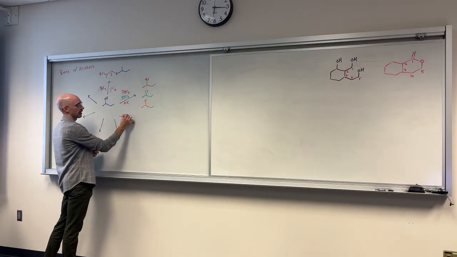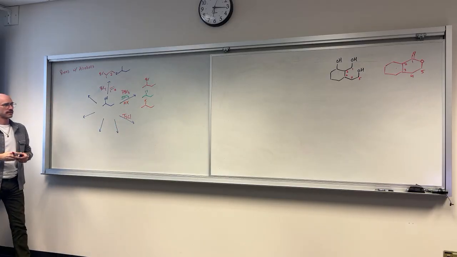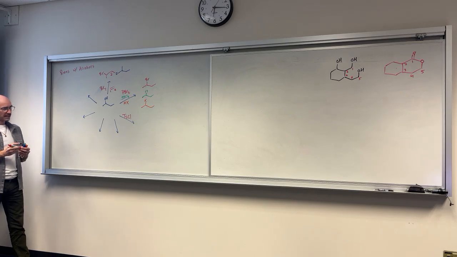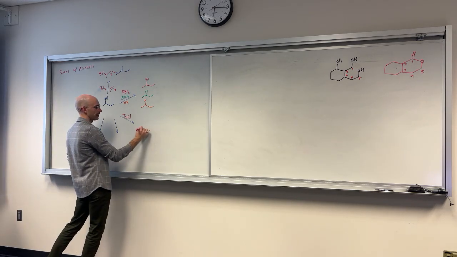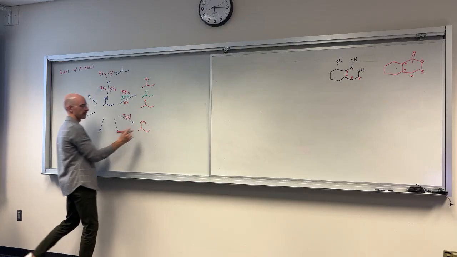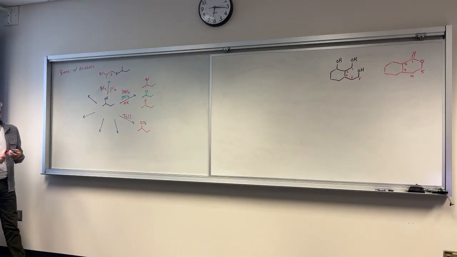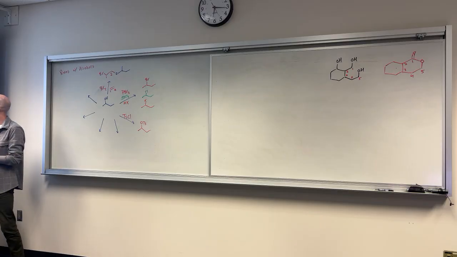We add something like tosyl chloride, abbreviated TsCl, and the alcohol here actually behaves as the nucleophile. It substitutes the Cl on the tosyl chloride. We call it a pseudo-halide because it behaves like a halogen, but it's not a halogen.